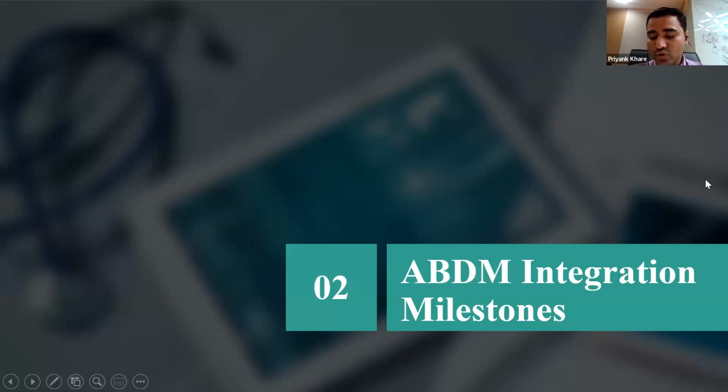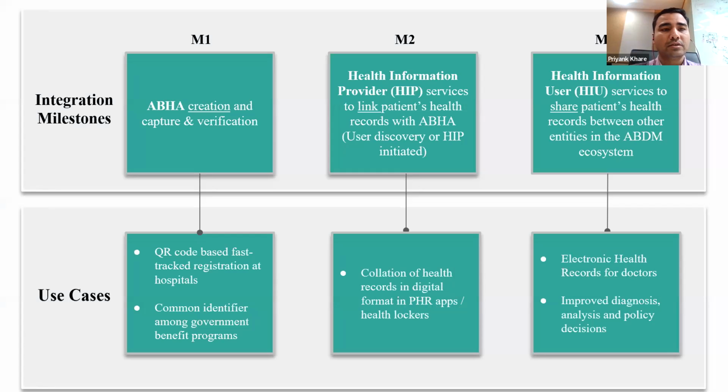Now, comes the next section, which is ABDM integration milestones. In this section, we will discuss integration milestones. What are these milestones? In ABDM integration process, there are 3 milestones: milestone 1, milestone 2, and milestone 3, as you can see in this slide. We simply call them create, link, and share.